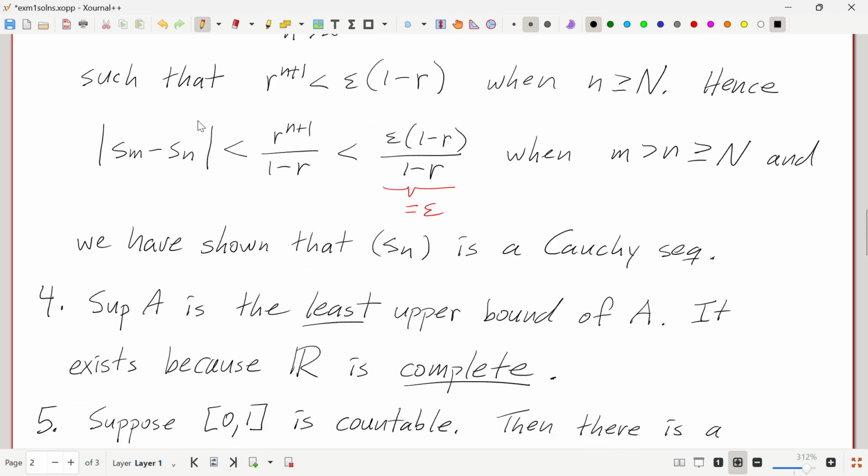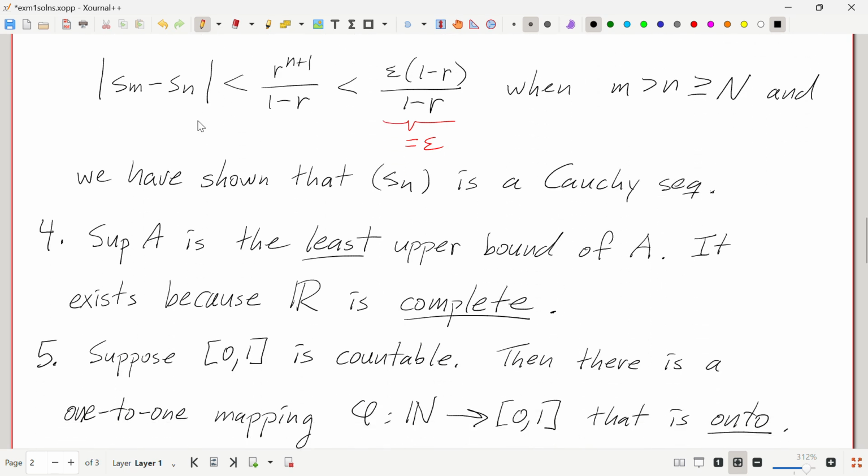Number 4 was just to see if you knew what the supremum is. If a set is bounded from above, the supremum of A is the least upper bound of A. And it was one of the big moments in the class that we had to assume that that's a basic axiom of the real numbers. Dedekind demonstrated it by telling you what a real number really is.